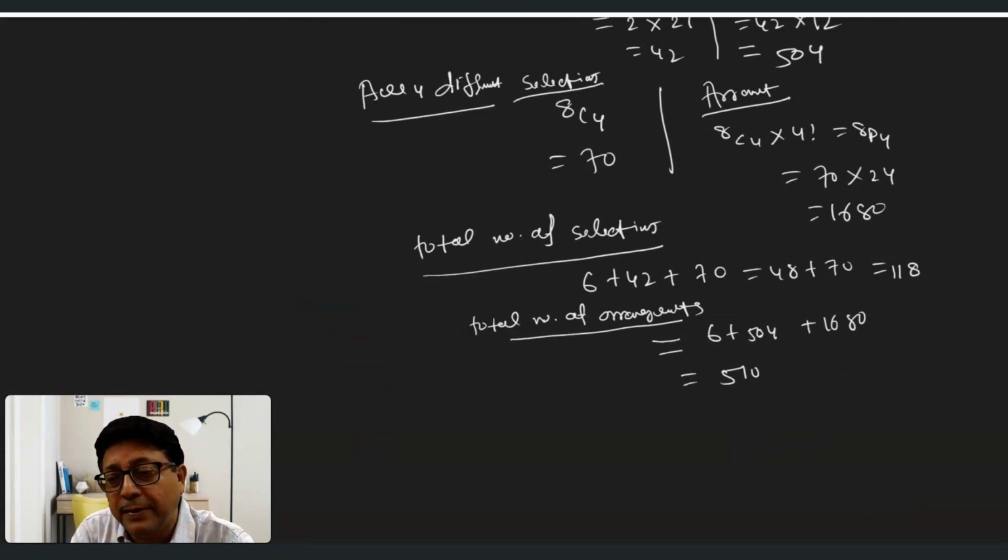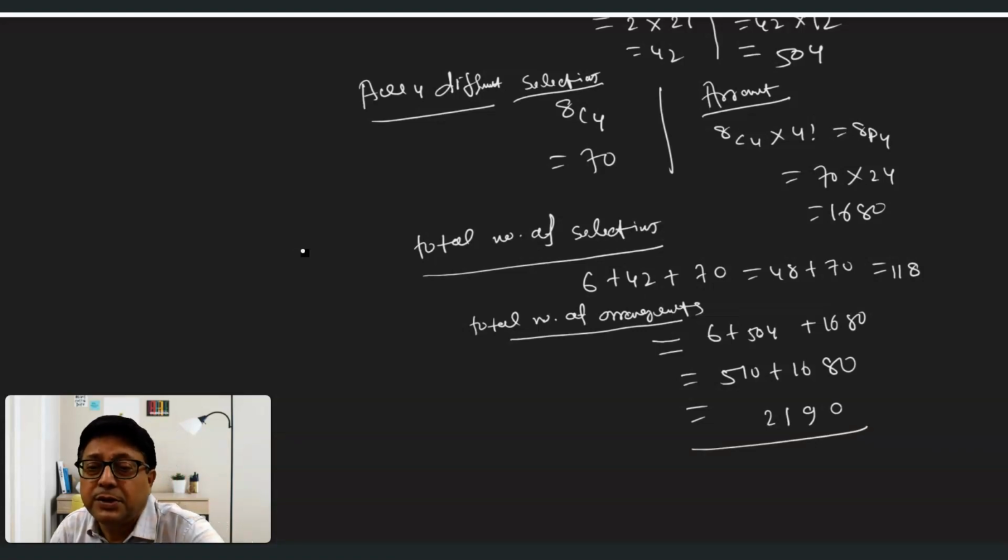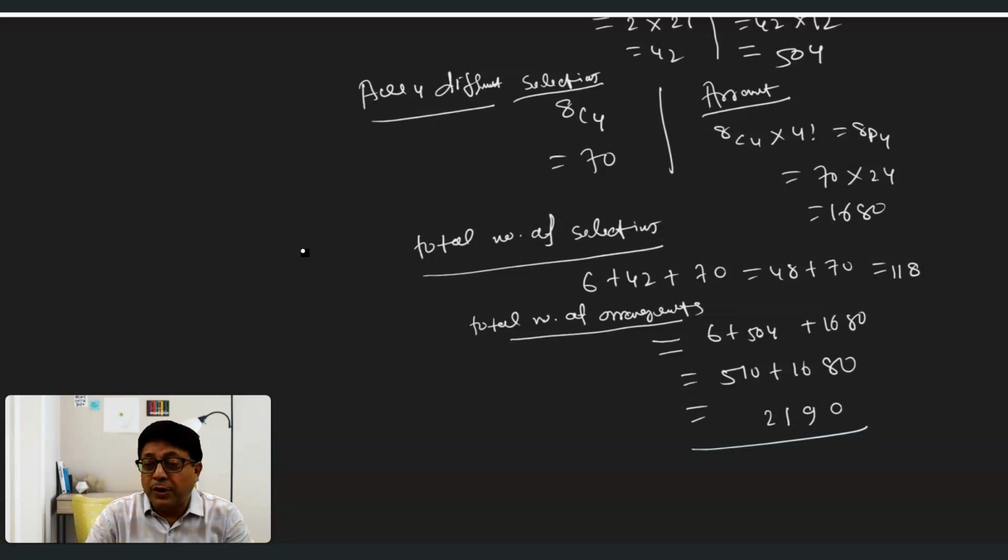So this is 510 plus 1680, that is 2190. So I think you now have an elementary idea of solving problems where the concept of permutation and combination both are required. Selection first and then arrangement. You select the required number of pieces and then go for arranging them.